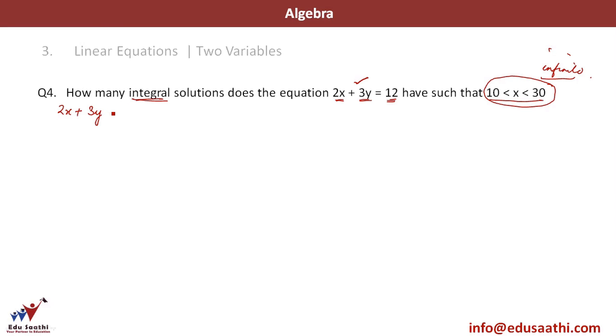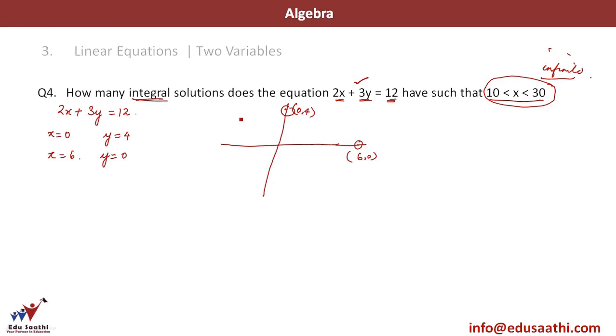So 2x plus 3y is equal to 12. I need 2 points. One, I'll put x equal to 0. The value of y is 4. Once I put y equal to 0, the value of x is 6. Now, if I draw the coordinate axis and plot the points, this will be (0, 4), and if I extend this, this will be (6, 0).